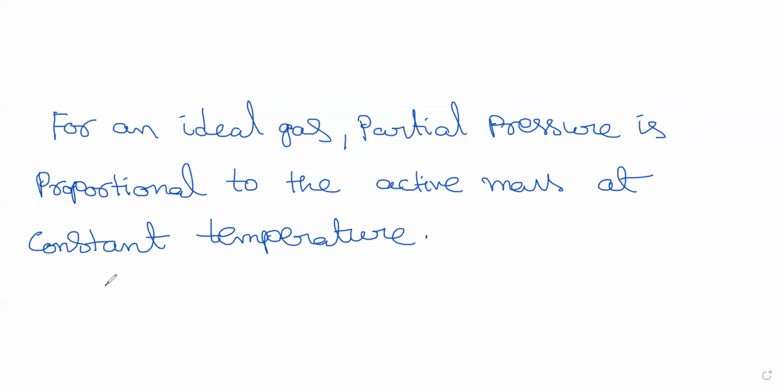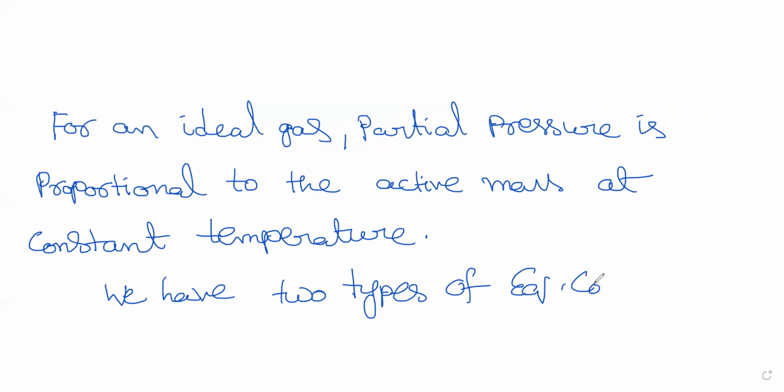So we have two types of equilibrium constants. They are called Kc and Kp. Clear, sir. Good.